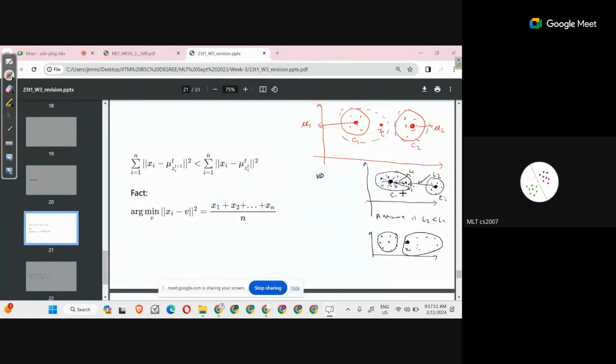If we go from this to this, obviously the distance x minus mu of this point from the centroid will decrease, because now we are taking the lesser distance. Xi is moving to the new cluster where the distance from the centroid is lesser, right? Is this much clear or not? Anyone just say.